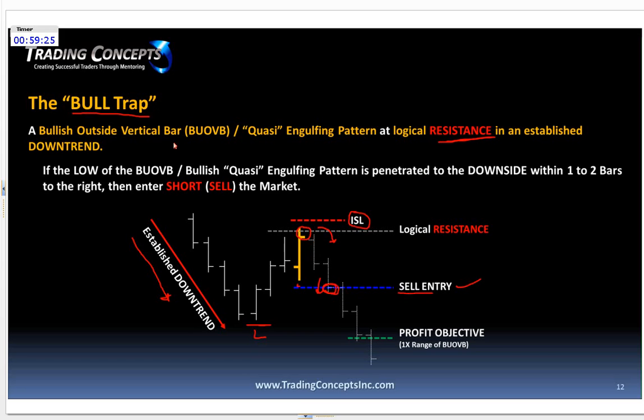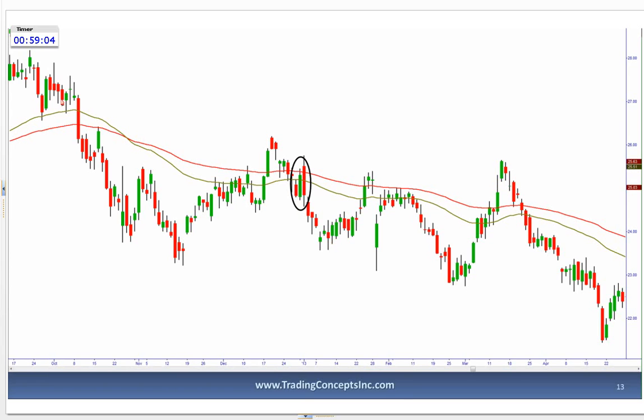Okay? So that's a great trade. Again, your profit objective, just like if you're going long or going short on a regular engulfing pattern, is the range of the engulfing pattern. So take the high minus the low, get that range, subtract it down from your entry. It's that simple. Let's take a look at an example here. Again, the trend is down.